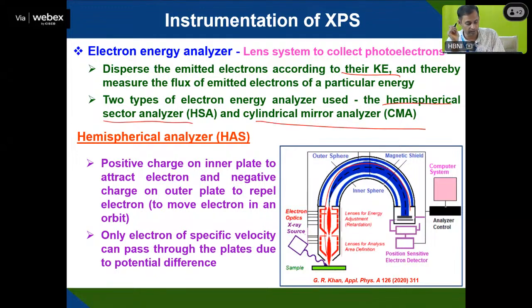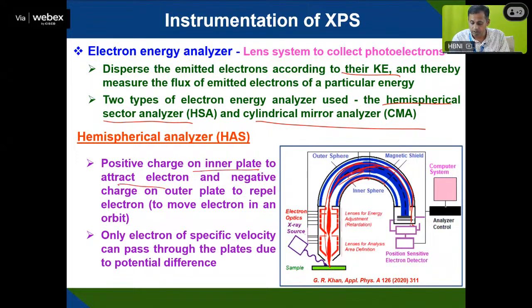cylindrical mirror analyzer. If you go to the hemispherical analyzer, what will happen here? The inner plate is positively charged to attract the electrons, and the outer surface is negatively charged to repel the electrons, to move the electrons in orbit. The electron is produced from the sample, then goes to the detector. Before reaching the detector, it goes through this hemispherical analyzer, inside which the inner plate has a positive potential and the outer plate a negative potential.